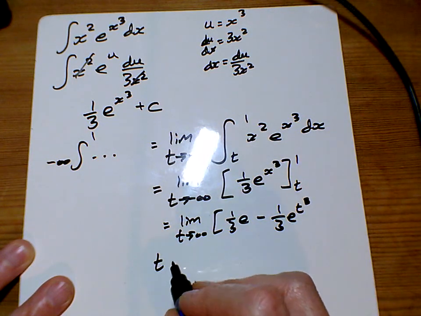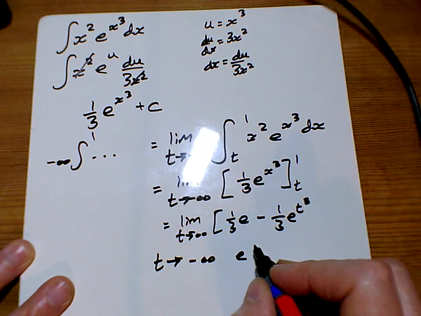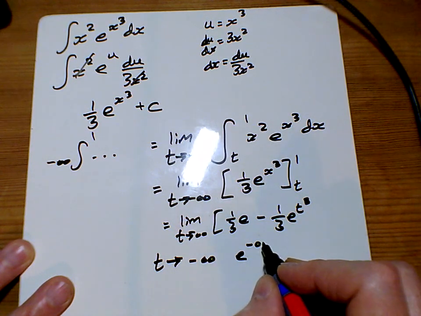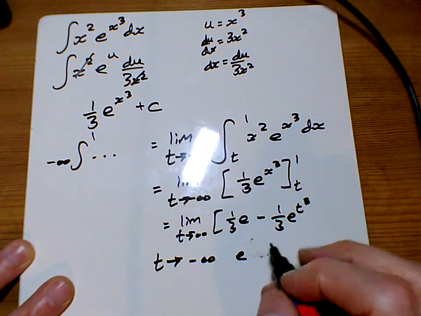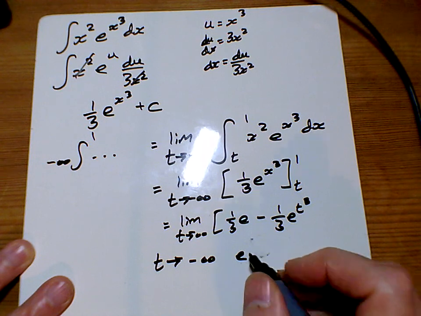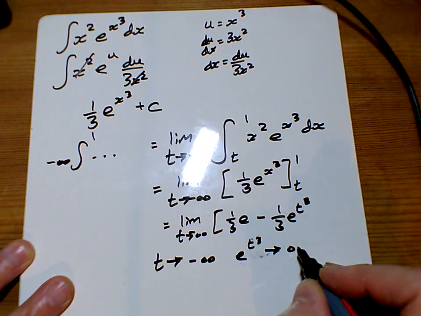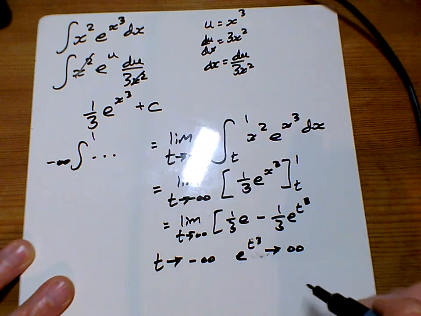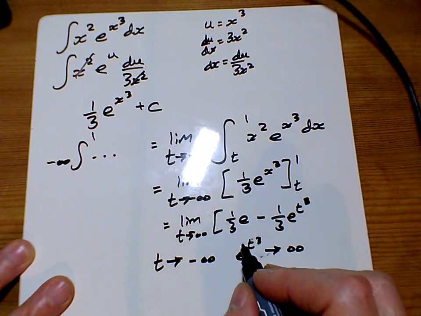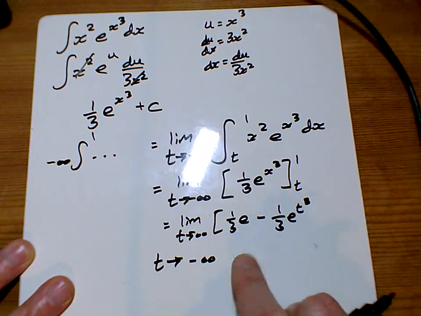So, as t tends to minus infinity, e to the t cubed, well, that would get absolutely massive. That would get to infinity. No, sorry, minus infinity. Whoops. Sorry, it's going to minus infinity. I don't want to redo it, just at the end there.